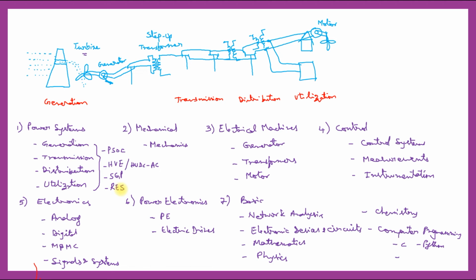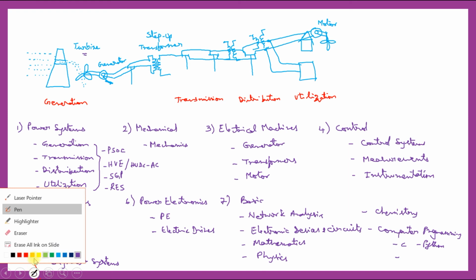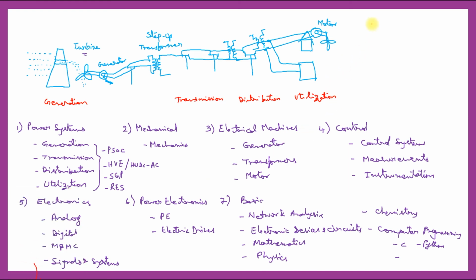Because of this, newer age courses are also coming, so those are called electric vehicles. Some new courses, new age courses. So these are basically depending on RES, renewable energy sources.